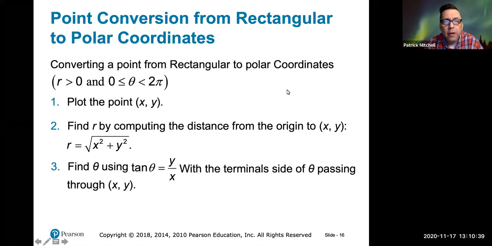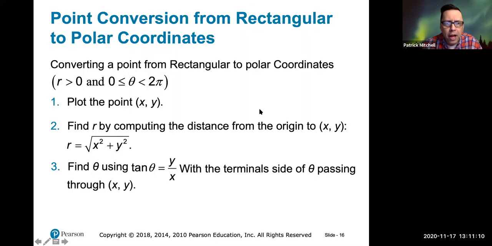Okay, so now we talk about going the other direction, converting from rectangular to polar coordinates. First, you want to actually plot the point x, y, and that's important because at the end, in step 3, it's going to be very important to know which quadrant we are in.